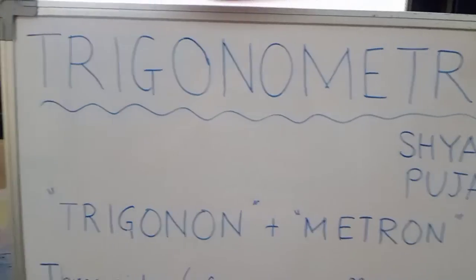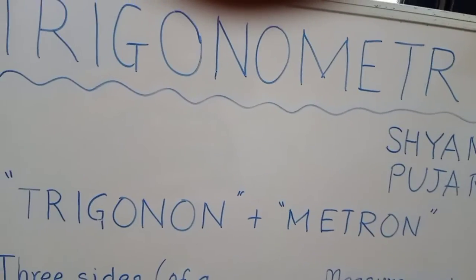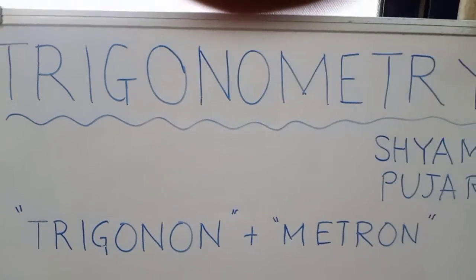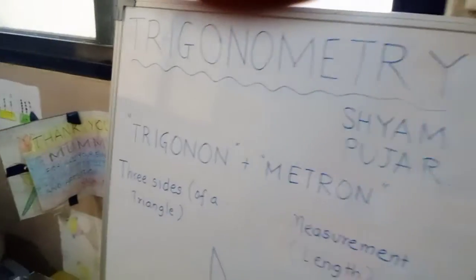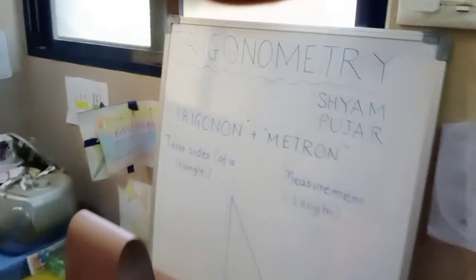So let us come down to the real subject, how to study trigonometry. Trigonometry, as we saw, deals with triangles. So let us start with the basics of a right angled triangle.